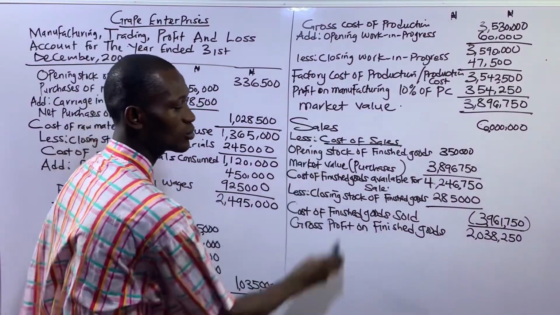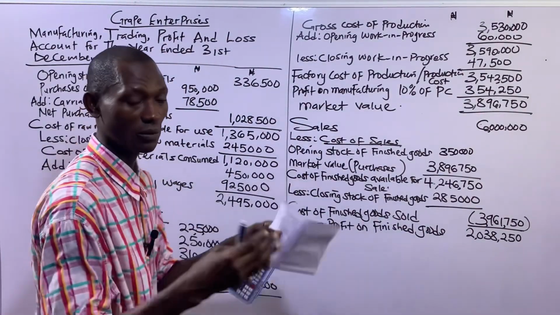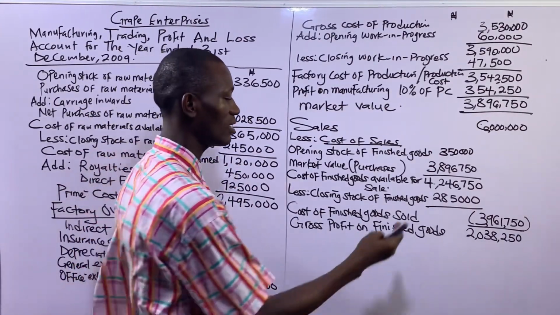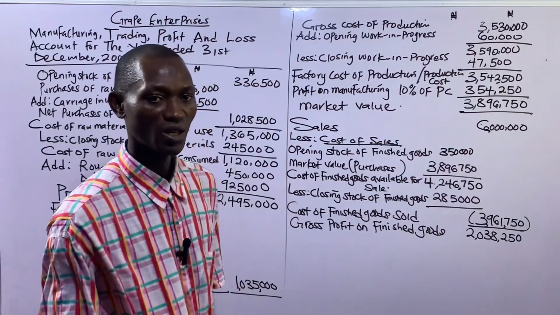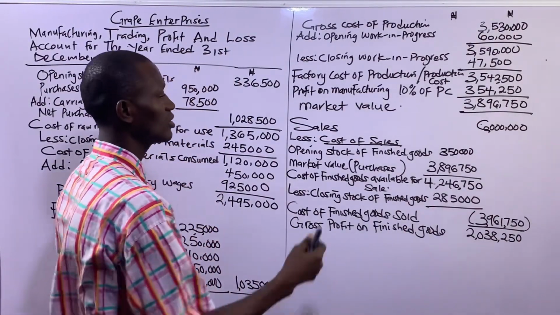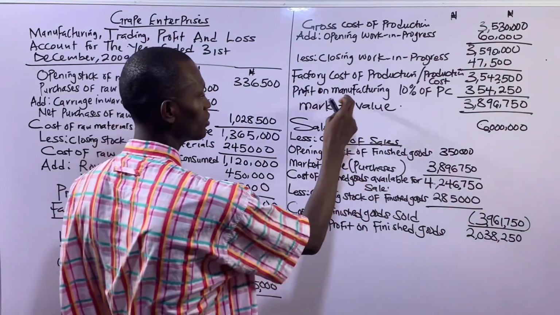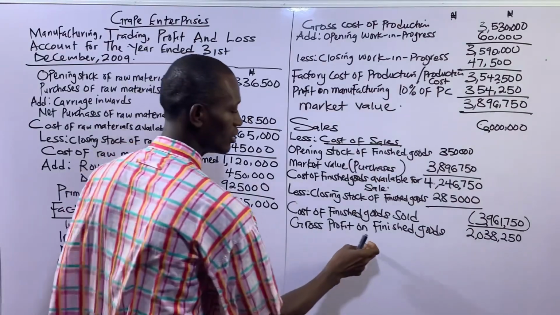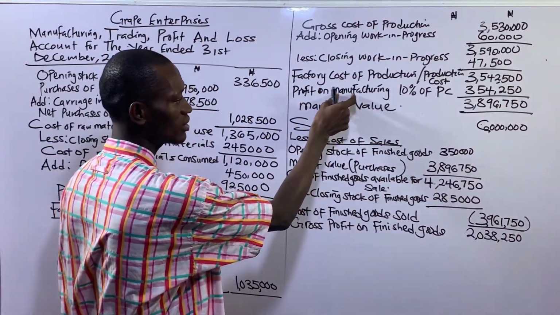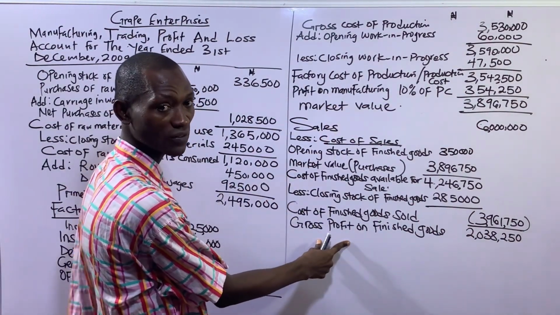So we want to prepare our profit and loss account now. The reason for preparing the profit and loss account is to get our net profits. And net profit is gross profits plus other incomes minus expenses. So here now, we have two profits. We have first profit on manufacturing, another profit on finished goods. Don't forget, you are going to bring this profit on manufacturing and add it to this profit on finished goods.